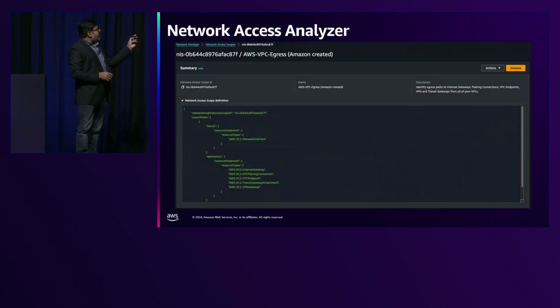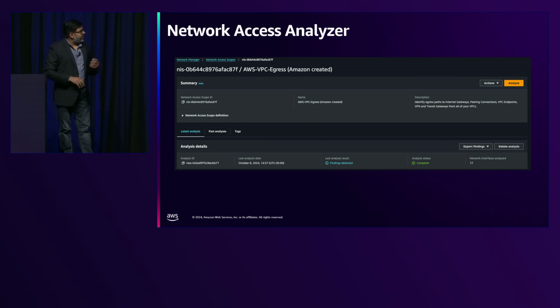In this scope, you will see the source is the network interface. That means all the network interfaces in my architecture, and all the possible path destinations are either internet gateway, peering connection, endpoints, and so on. So it will find all the combinations of paths starting from the instance or ENIs going outward.